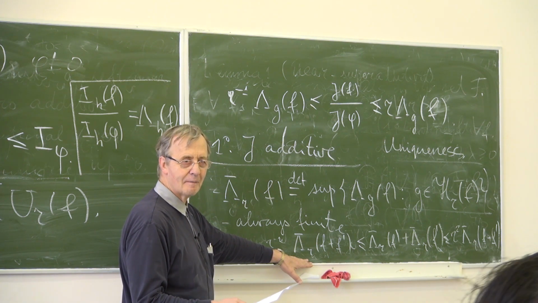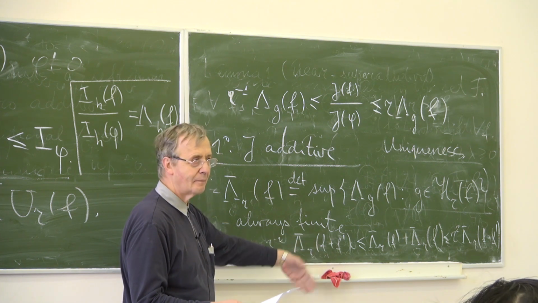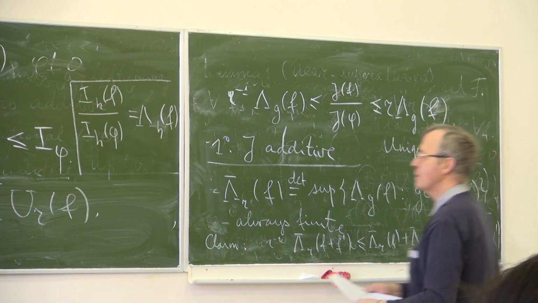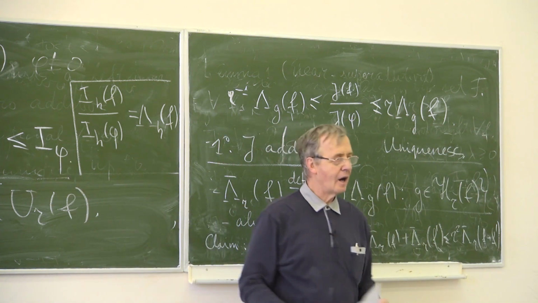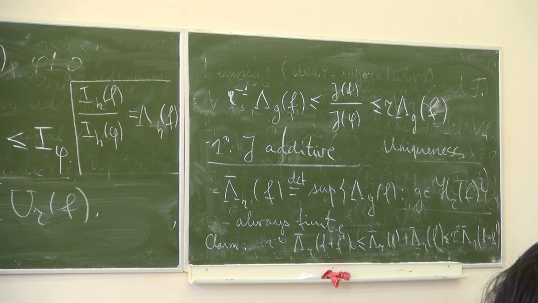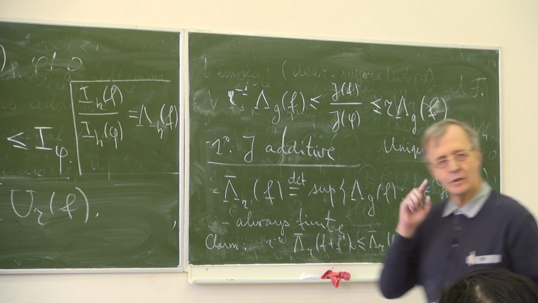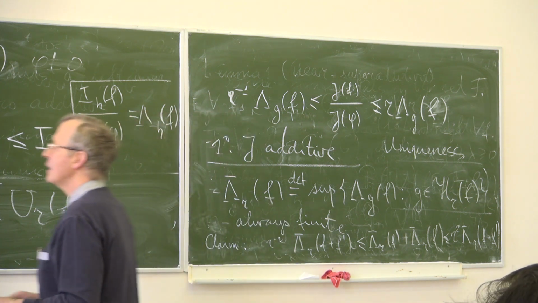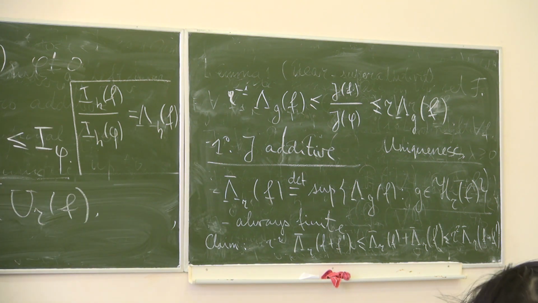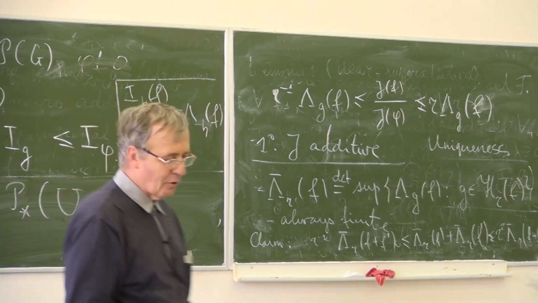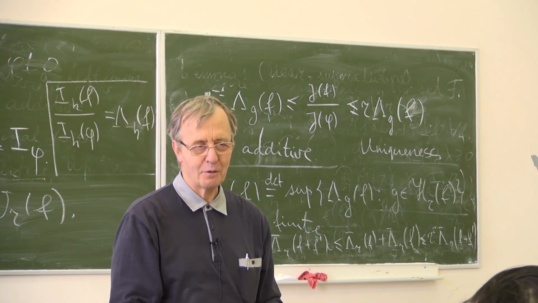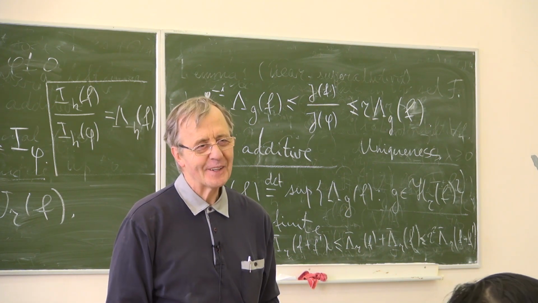Wait, why is it always finite? Because of this. And the problem is why the limit is not 0? At the very beginning, we proved some inequality with the norm and L infinity norm instead of J, which shows that this cannot be 0.